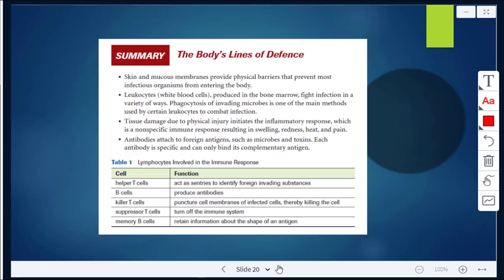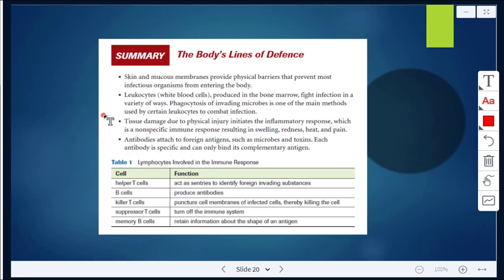All right, so just a summary again of the body's lines of defense. We have the first barriers, then we have our leukocytes, or white blood cells, produced in the bone marrow. Phagocytosis of microbes is one of the main methods used by certain leukocytes.